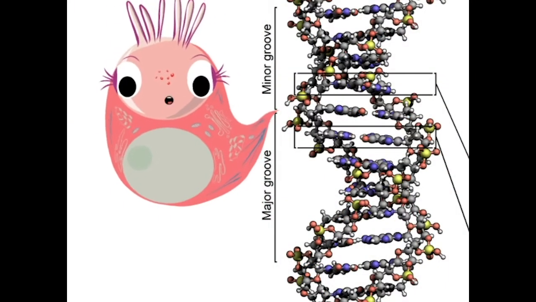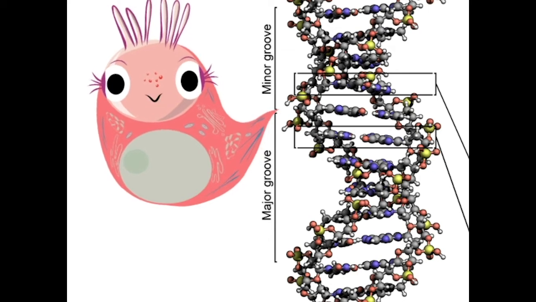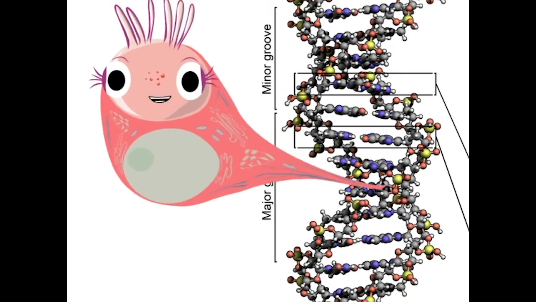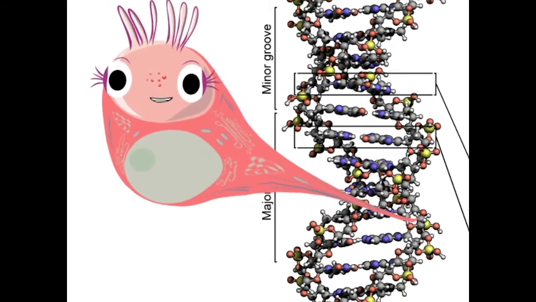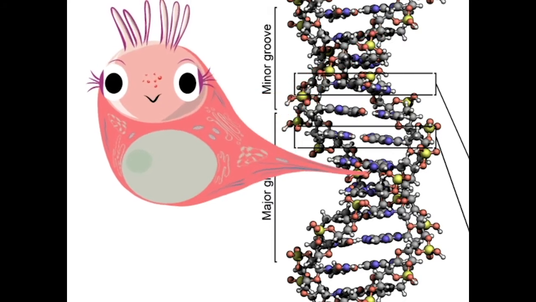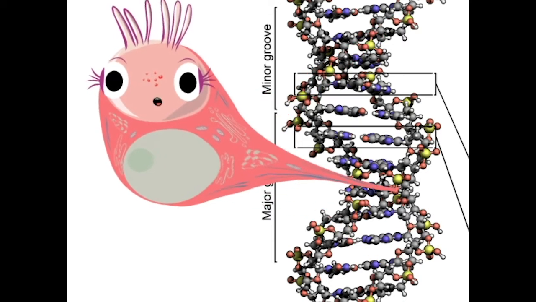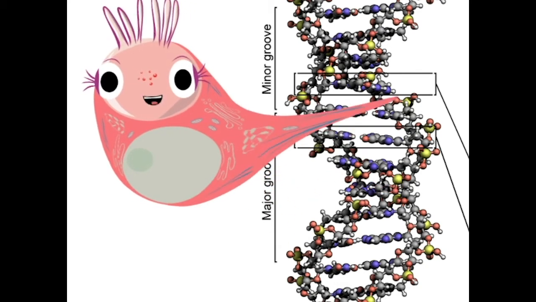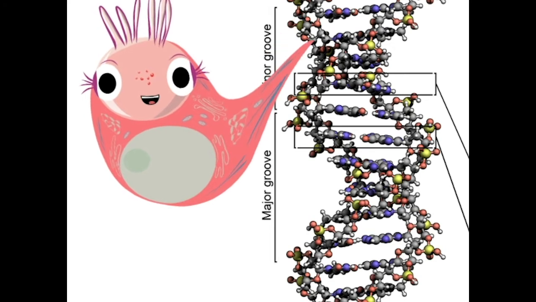So the DNA molecule is a double helix. It is made on a sugar phosphate backbone, meaning that all the nucleotides making the DNA are linked side by side by their sugars and phosphates. And there are two strands of nucleotides.